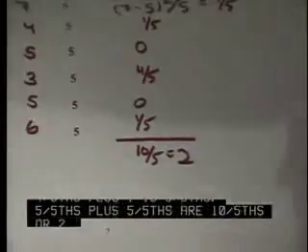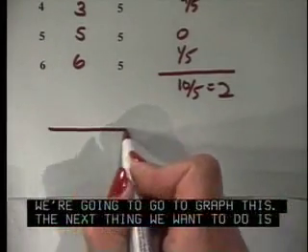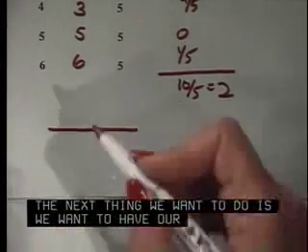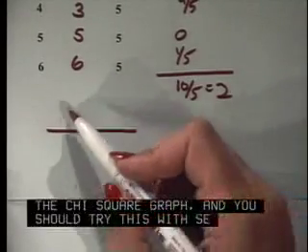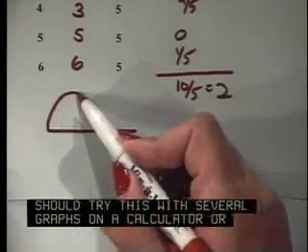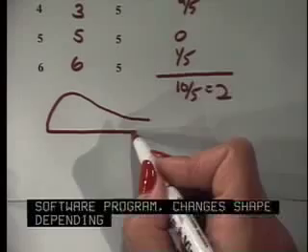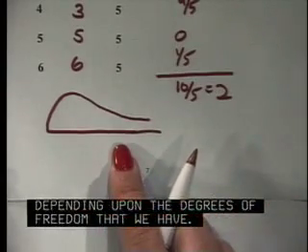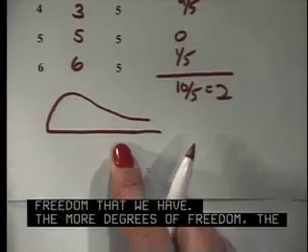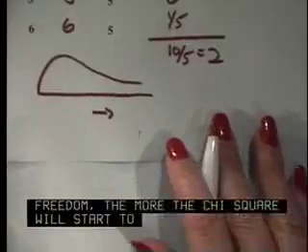Now, the next thing we want to do is have our graph. The chi-square graph, and you should try this with several graphs on a calculator or software program, changes shape depending upon the degrees of freedom that we have. The higher the number of degrees of freedom, the more the chi-square will start to look like a standard normal.